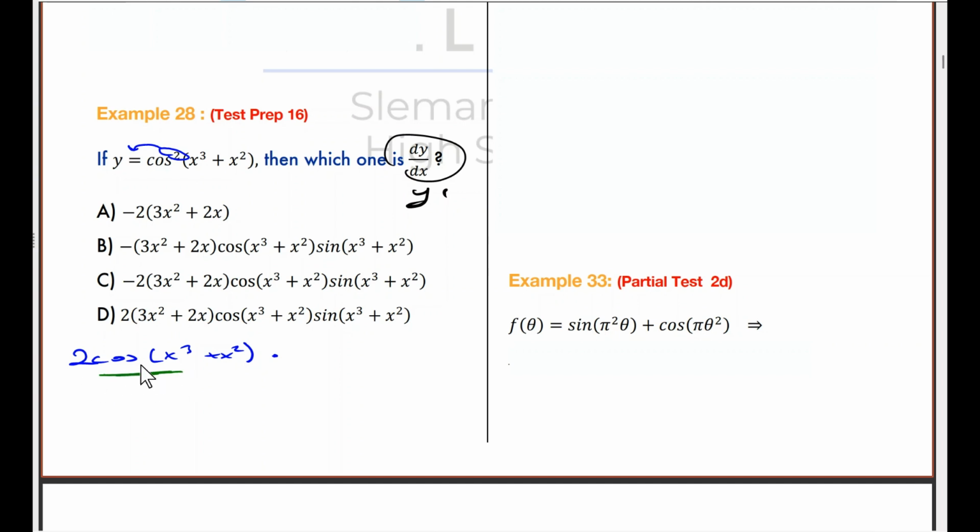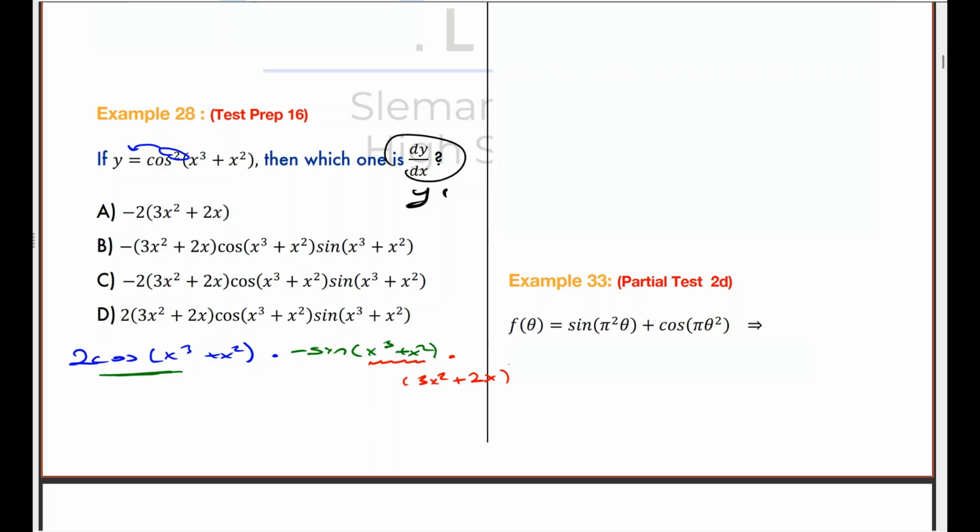So what is derivative of the cosine? It's negative sine of the same angle, multiplied by derivative of the inside. What is derivative of the angle? Derivative of x cubed is 3x squared. x squared is 2x. So that's my answer.